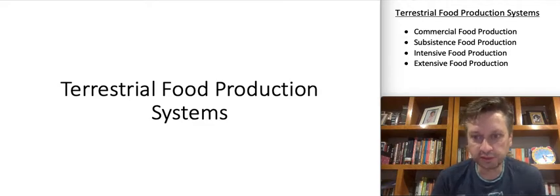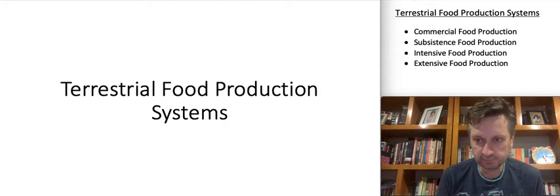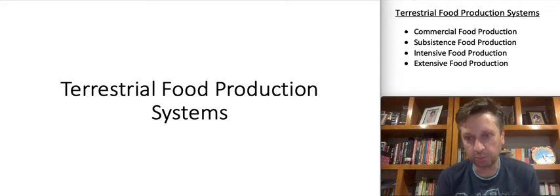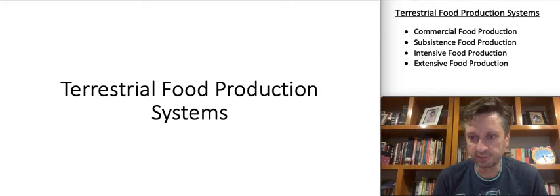Intensive food production is a food production system where you have large inputs in terms of water, chemical fertilizer, everything else, in order to produce high outputs. Outputs in agriculture we refer to as yield. So yield is food production per unit area of land.